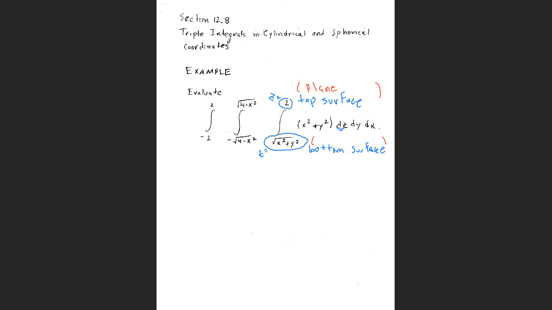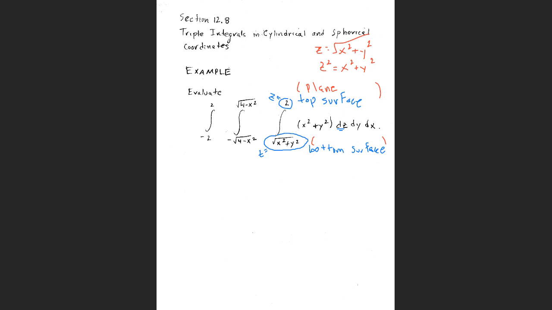Exactly. But let's try this. So z equals square root of x squared plus y squared. Oh, we don't know what that is exactly. All right, let me square both sides. Then I get z squared equals x squared plus y squared. What's that an equation of?